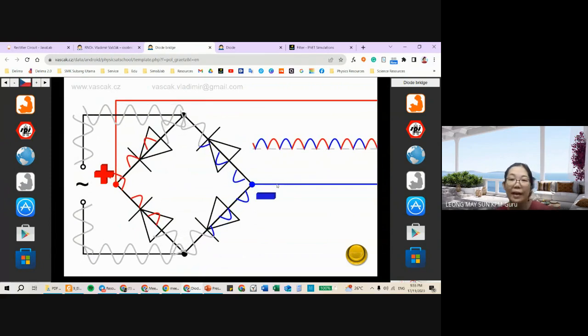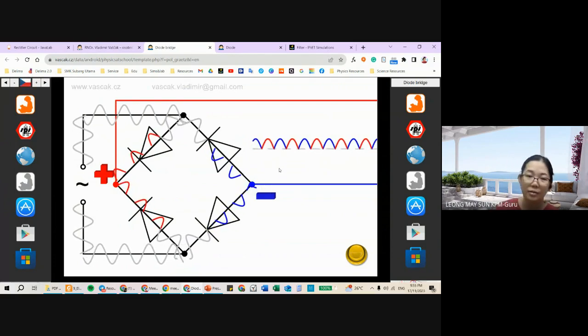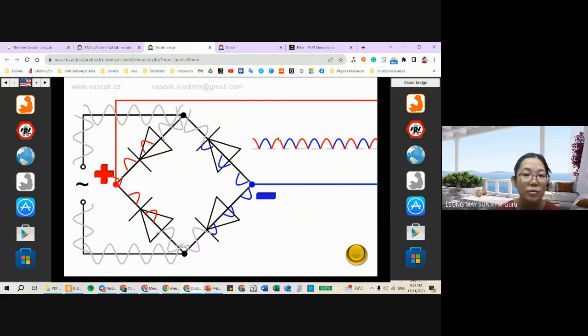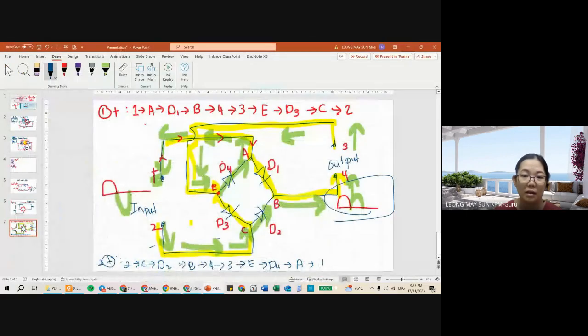So we don't want that to happen to our electrical appliances. So we need to do something to the circuit. So what is that something? That is actually our capacitor.